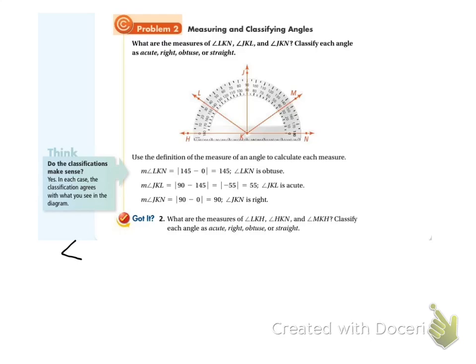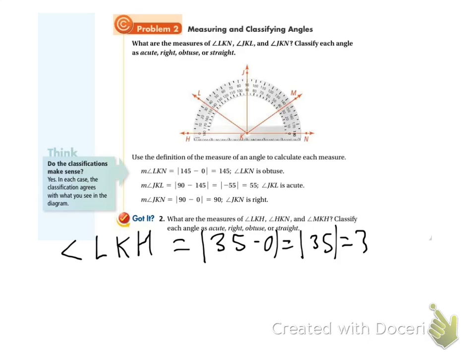Okay, so they want to know, what is the measure of LKH? If I look at the top numbers, H is at 0 and L is at 35. So this is the absolute value of 35 minus 0, which is 35 degrees, and that is an acute angle.